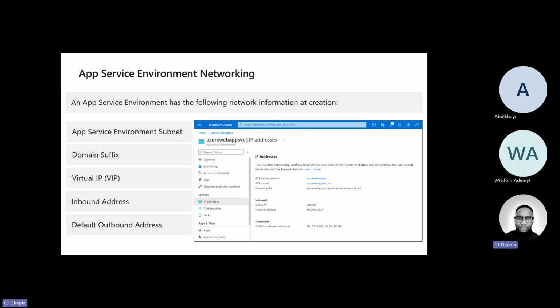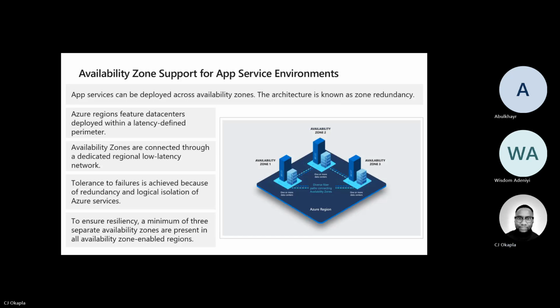Networking within an app service environment: there are different network configuration details, and also subnets, domain suffix, virtual IPs, inbound address, and default outbound address. Likewise, we have availability zone support for app service environments.